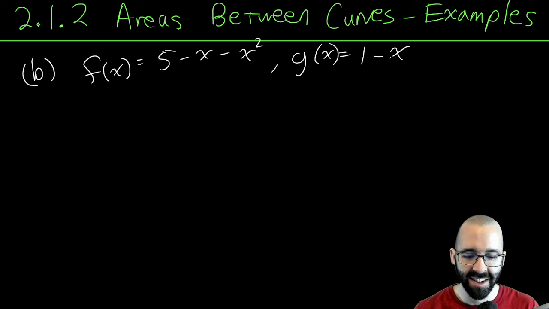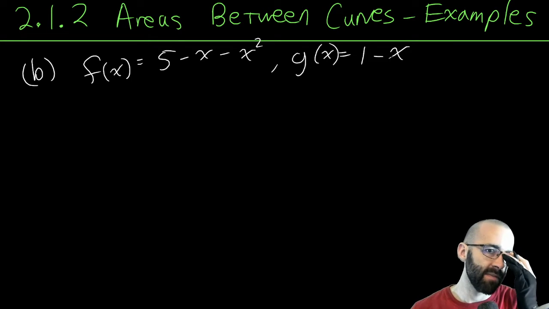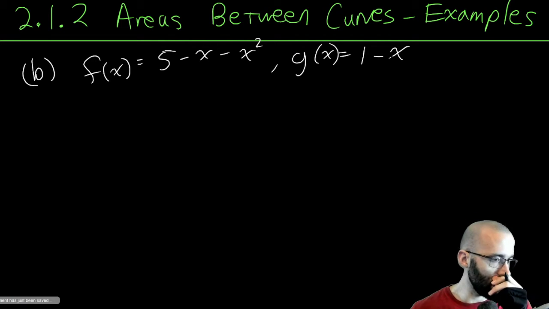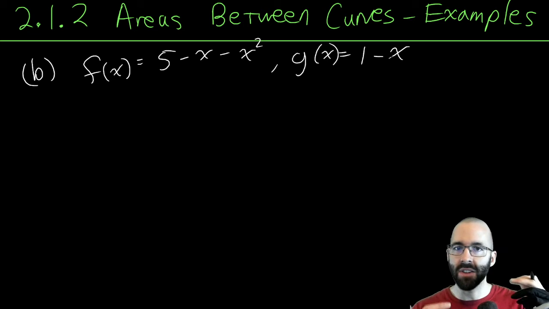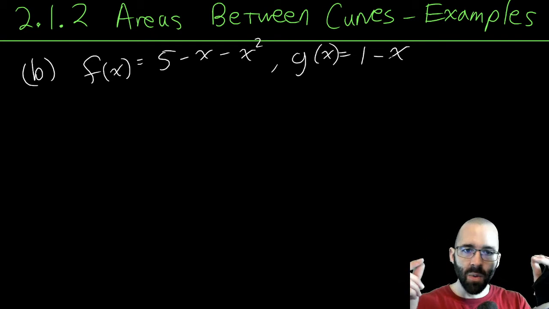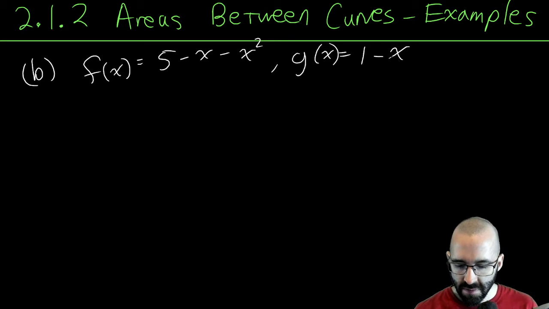And that's it. This doesn't tell you the region. It just wants the region that's trapped between these two curves. So we have to find graphically or analytically what are the x coordinates, where are the points that these things get trapped between. All right, so there's a couple of ways of graphing this.